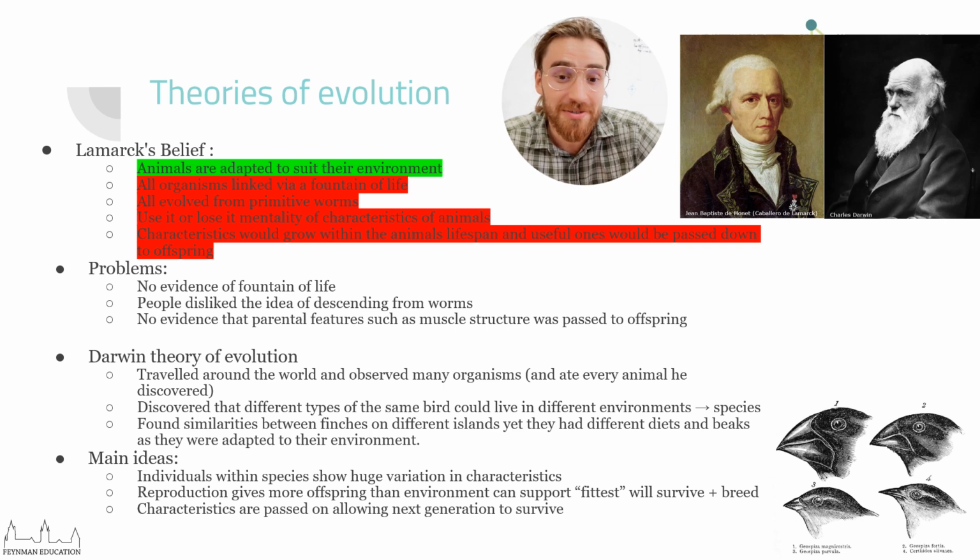So another evolution theory that came up was that of Darwin. Now, Darwin was a little closer to what we currently believe today. Darwin came up with the idea that in a population of individuals, there was huge variety between them.